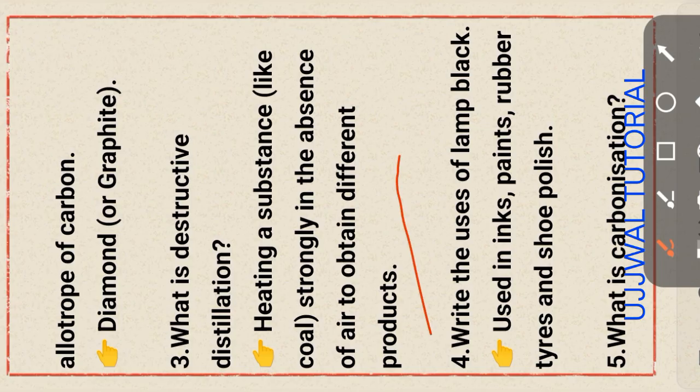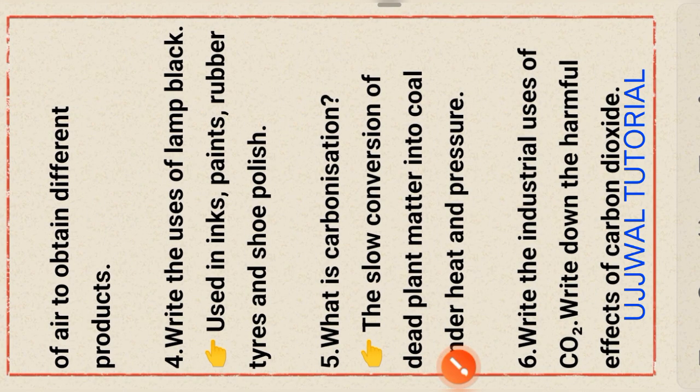Or write a use of lampblack. Used in ink, paints, rubber, tires, shoe polish, etc. Okay. Next question. What is carbonization? The slow conversion of dead plant matter into coal under heat and pressure.